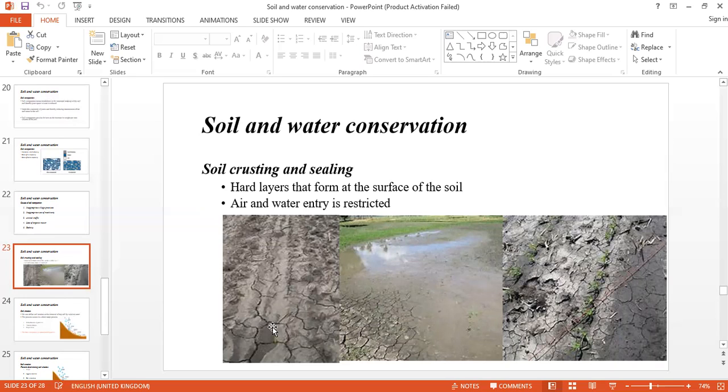Then compaction is physically difficult to see with your eyes, unless you have indicators which can show you.